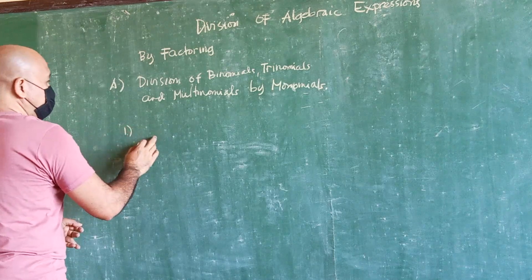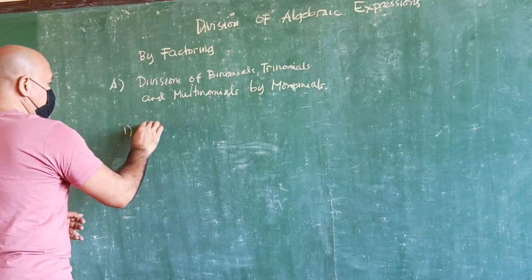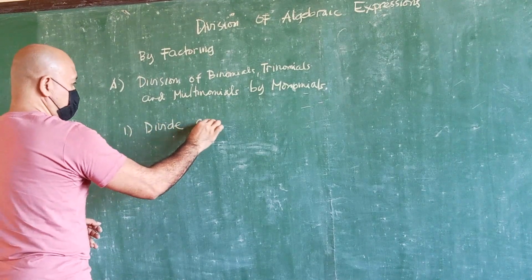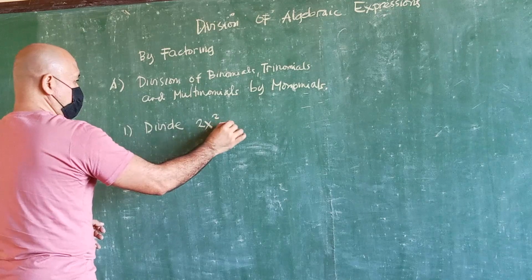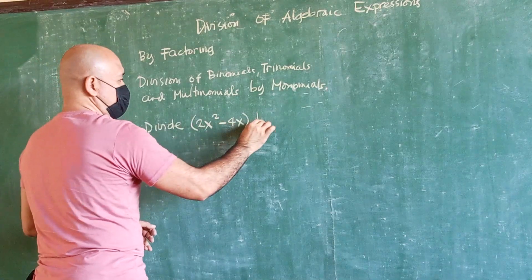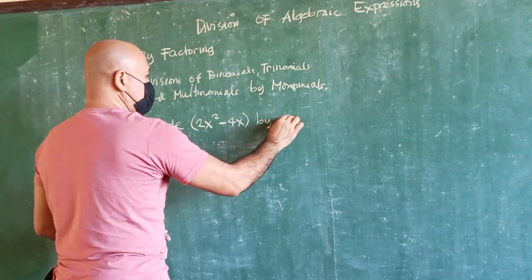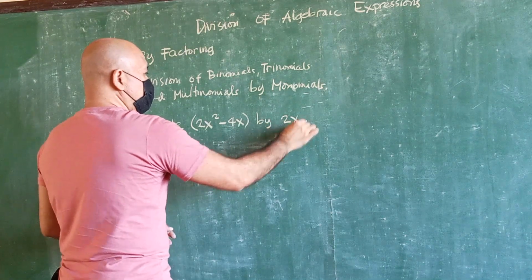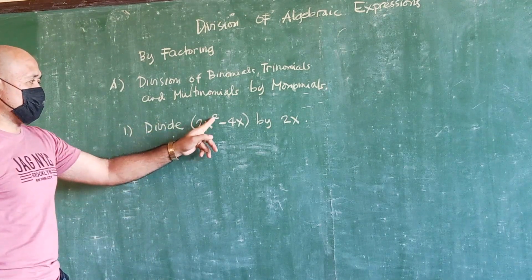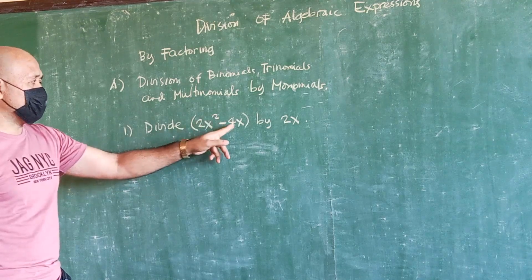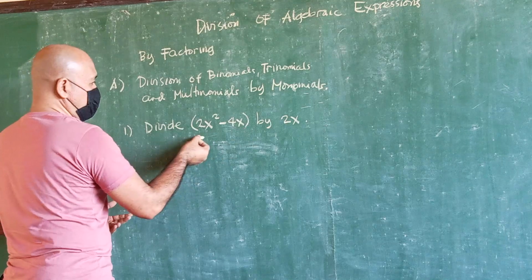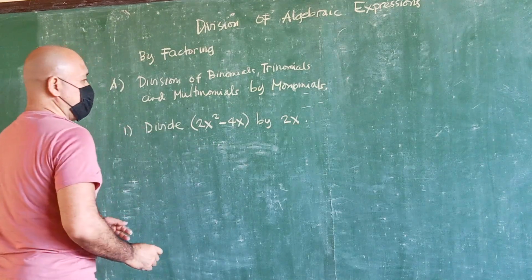For example, number one, you have divide the quantity of 2x squared minus 4x by 2x, which means this is our dividend and this is our divisor.